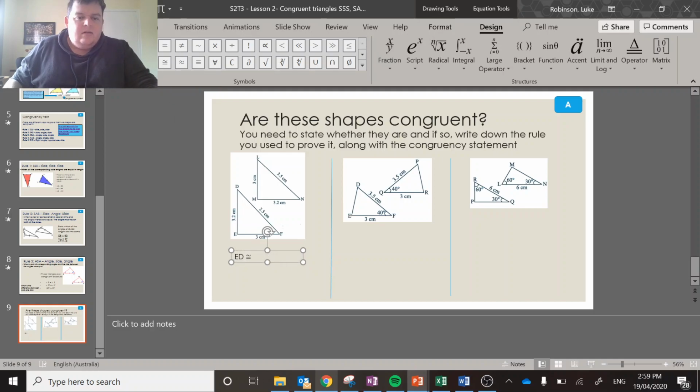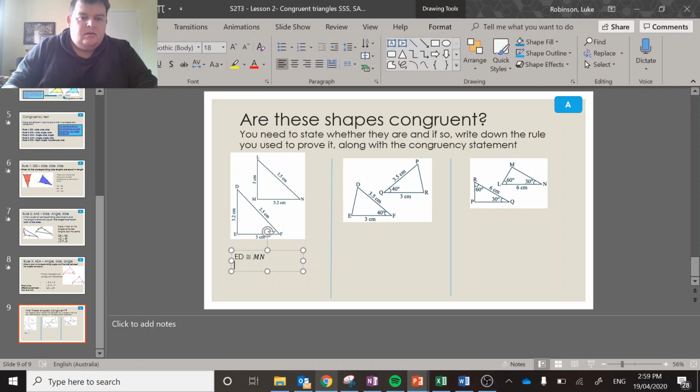There it is. Alright. So E to D is congruent to M to N. I'm just going to copy this symbol so I don't have to paste it again. We've got to keep it consistent on the same side. E to F is the same as M to L.